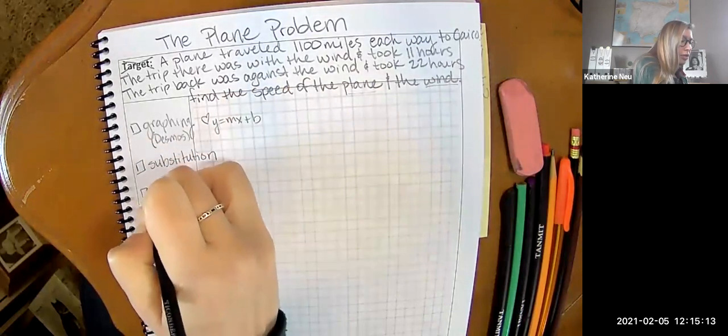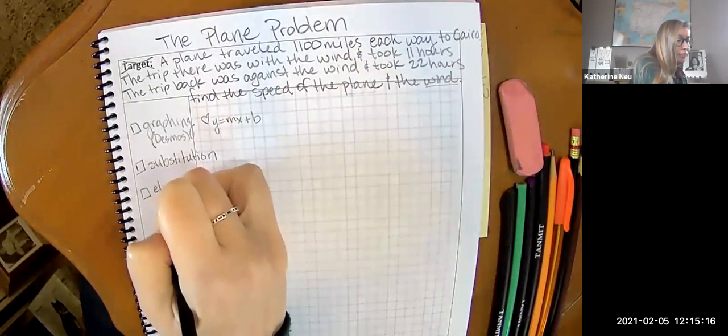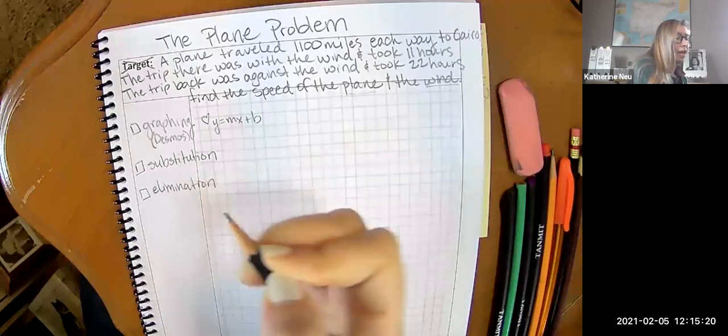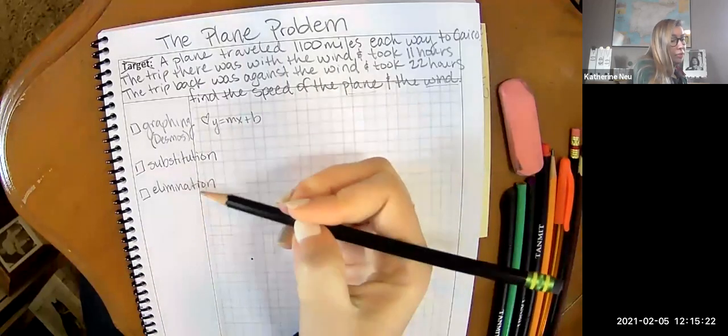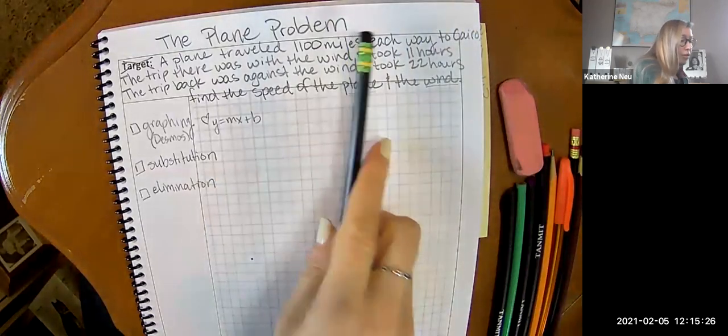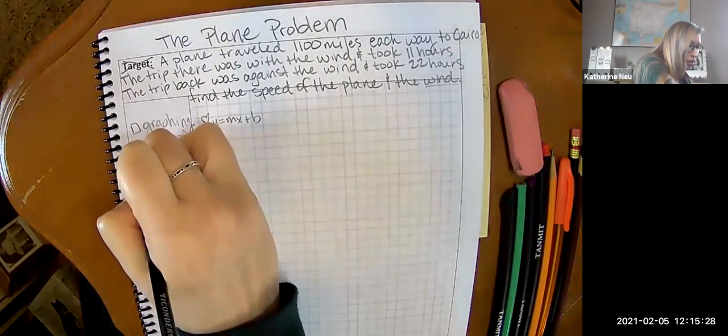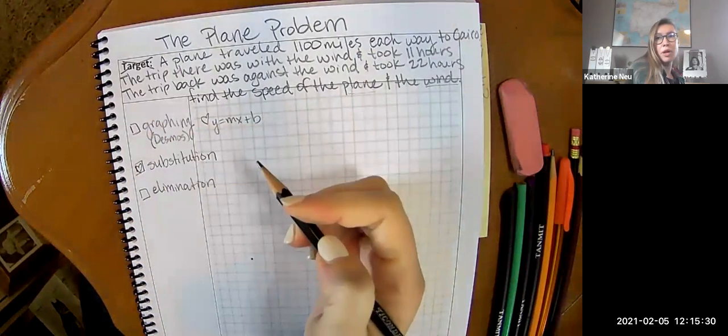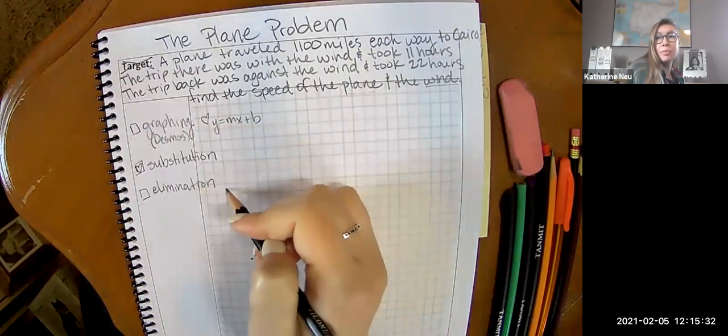And you can also solve them using elimination. My favorite method is the substitution method. I usually will default to that. My brain really likes this method. Elimination method can get a little hairy for me.